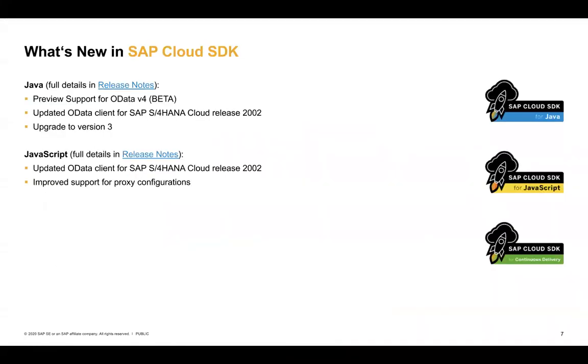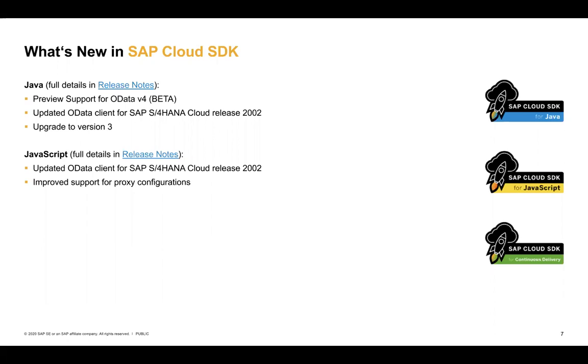And now let's have a look at what we did since our last call. On this slide, we see the highlights for Java and JavaScript. I'll start from the top with the Java part. The biggest highlight, and something that we worked very hard on, is to provide preview support for OData v4.